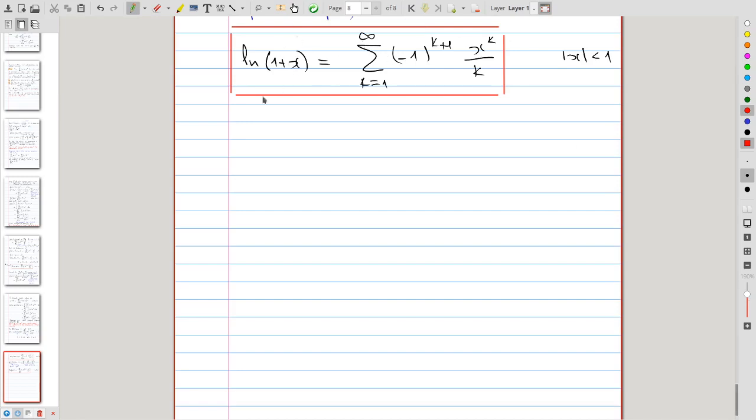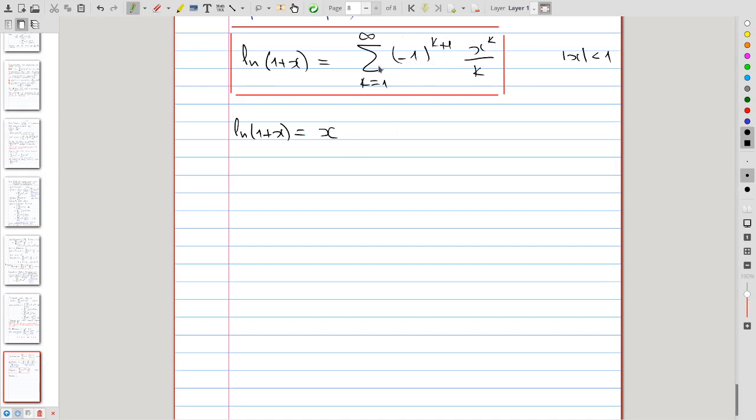So this series starts off as follows. We have log of 1 plus x equal to, for k equals 1, I have minus 1 to the second power, which is equal to 1, and then x to the first divided by 1, in other words, simply x.